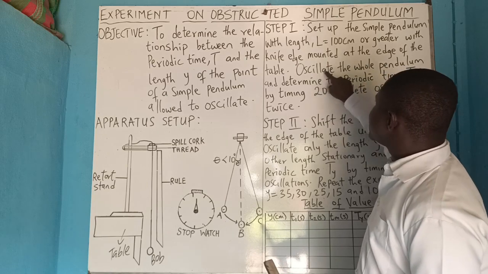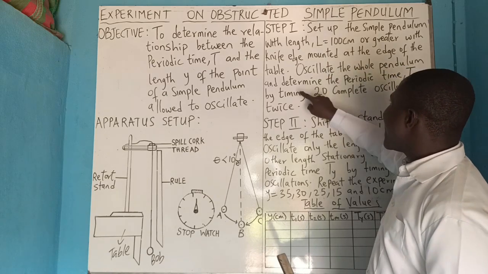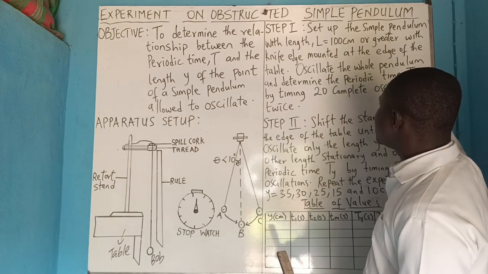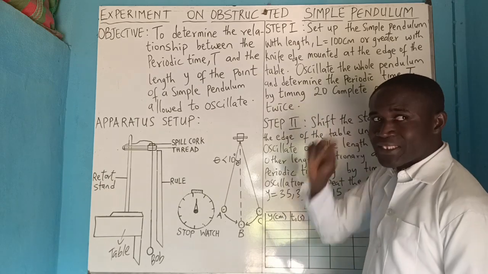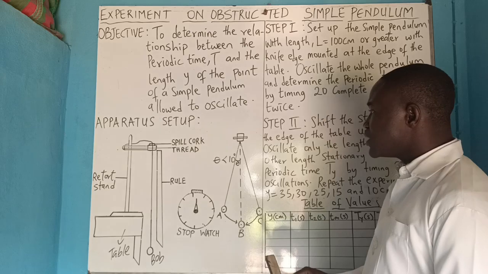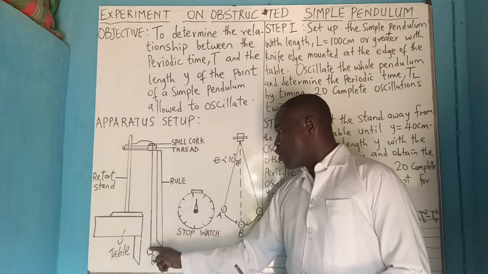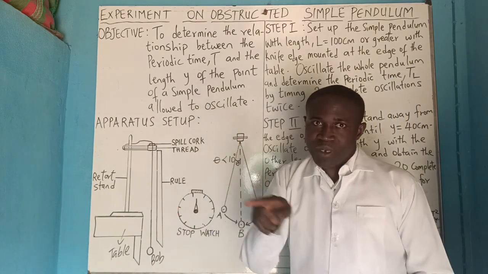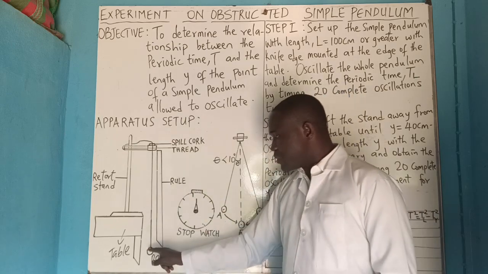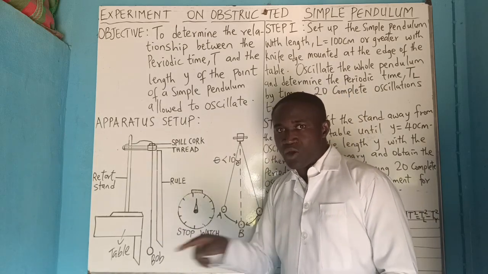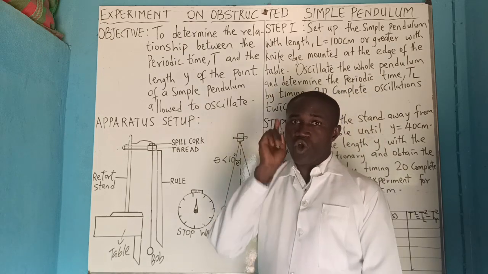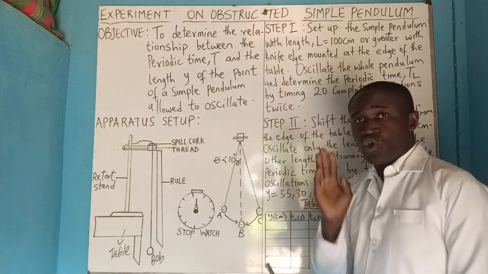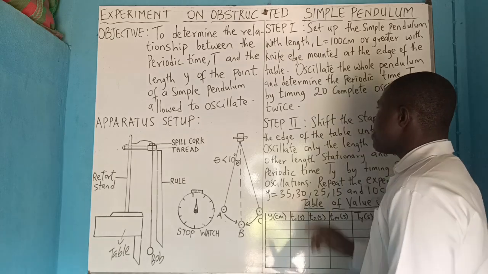Then oscillate the pendulum and determine the periodic time T by timing 20 complete oscillations twice. What it means is that we displace this thread at a small angle so that it will start to oscillate for 20 oscillations. And we will do it 2 times.